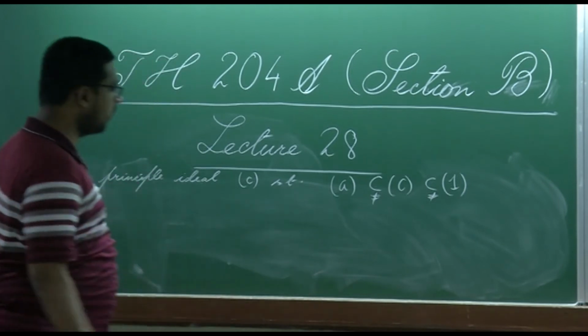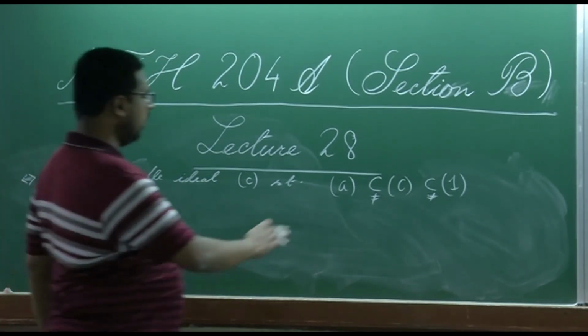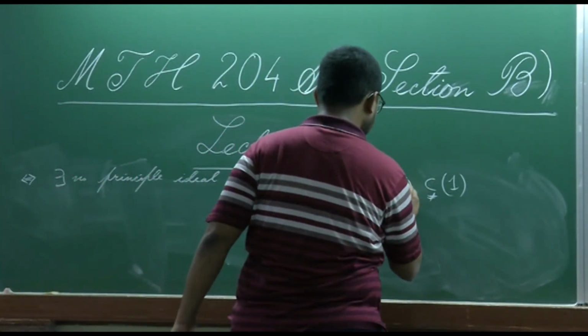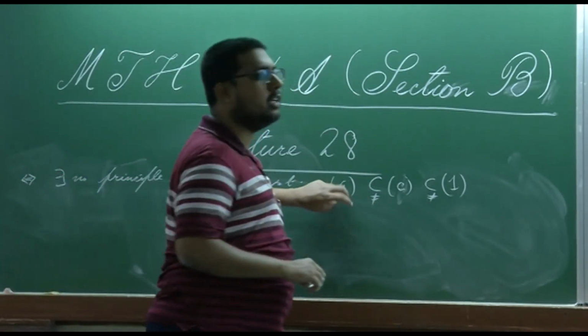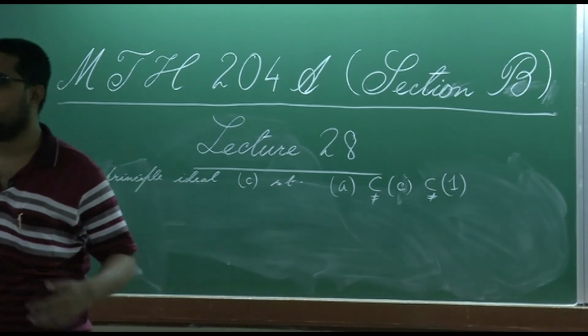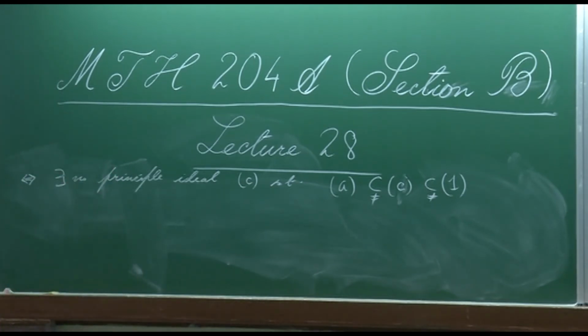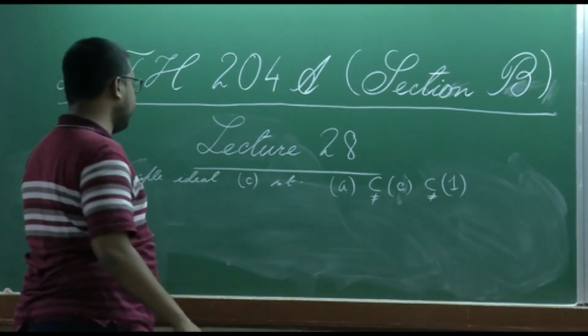There is no principal ideal with this property, because since A is a non-unit, this principal ideal has to be a proper ideal. So, it says there is no principal ideal strictly in between them.